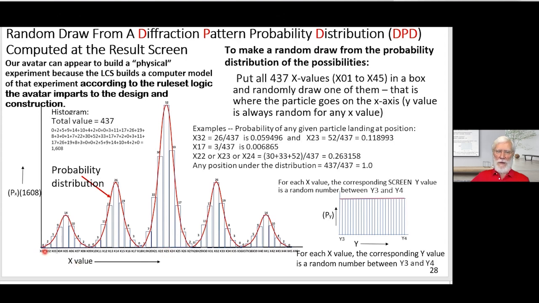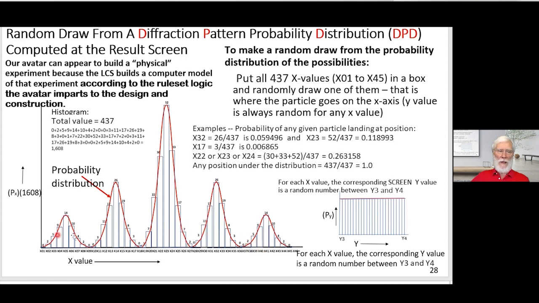These are the X values, all the little values of X as we go across here. It's just the normal X axis, so X gets bigger as you go this way. Whatever the X is right at this spot, we're going to put that number for that X in 52 times in the box, just like we did before. And we're going to do that for all these various values of X.